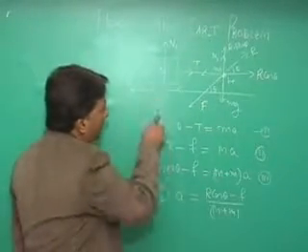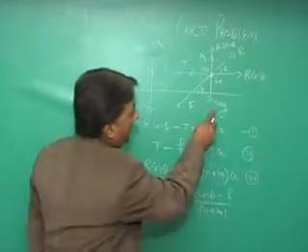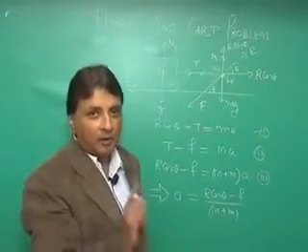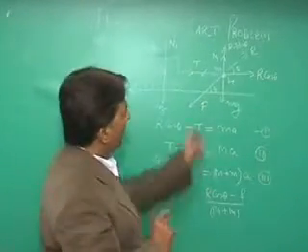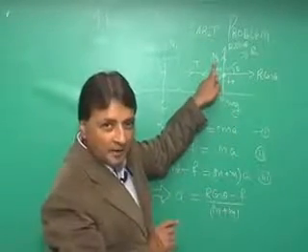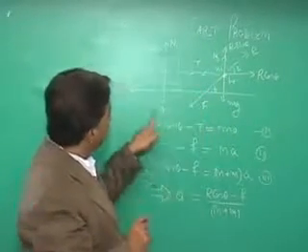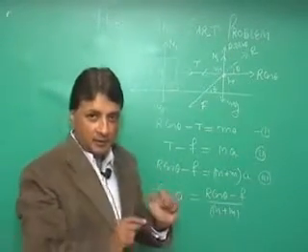Now Mg is the weight of the cart and small mg is the weight of the horse. Now mg is balanced by N2, the normal reaction, and capital Mg is balanced by N1, the normal reaction.